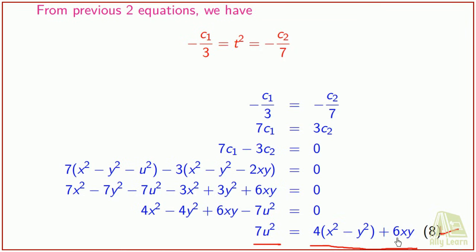Now this equation 8 I got by putting the Cauchy data in phi equal to C1 and psi equal to C2, and then by a few calculations I got the relation containing C1 and C2.